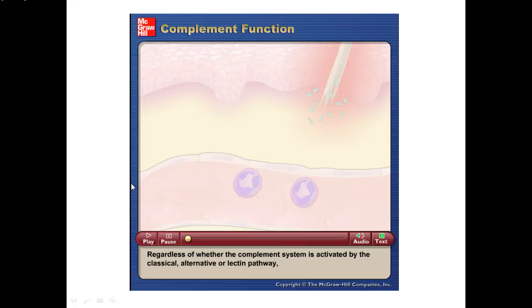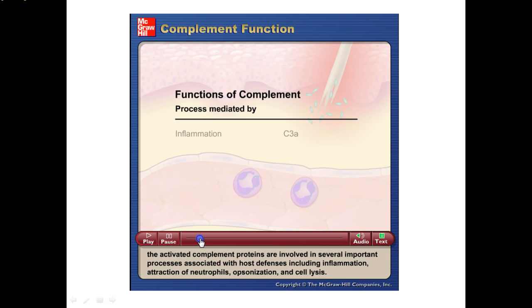They can even directly destroy the bacteria and even foreign cells that we'll talk about later. So notice we have a splinter; some bacteria have breached the skin barrier and have been pushed in. So some of the proteins involved in this become activated.